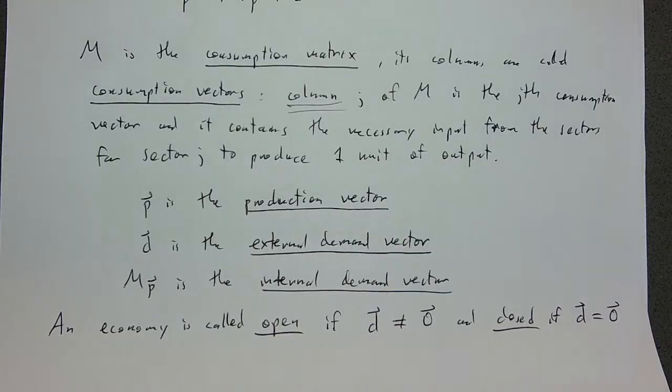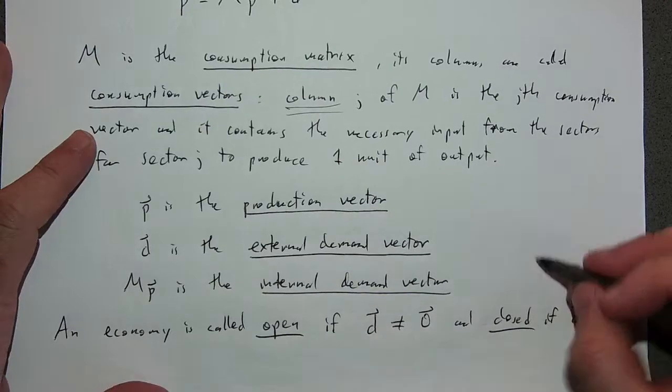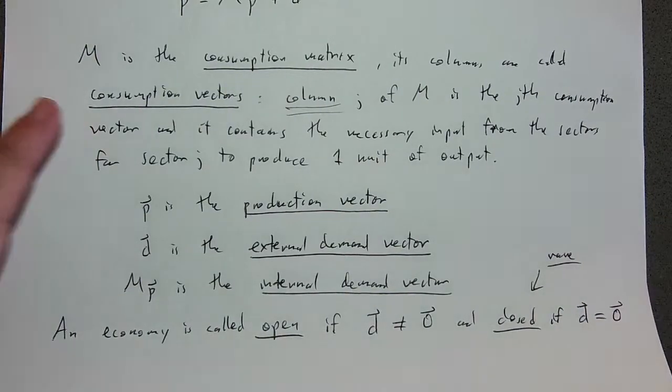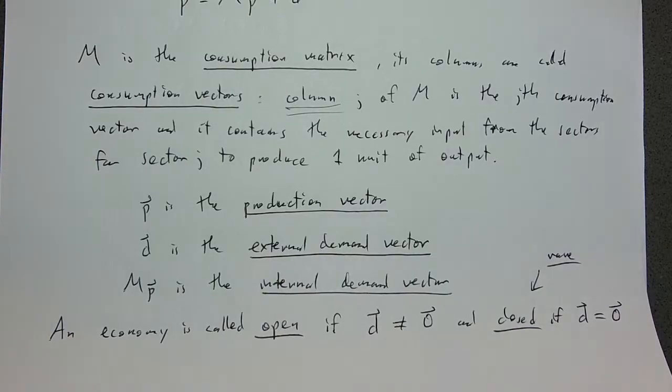Now, closed economies are pretty rare, so while it's nice to have this as an example, in terms of examples we're going to be talking about, usually we're going to be dealing with open economies because a truly closed economy is a rare thing, can almost be considered pathological. So we are going to be dealing mostly with open economies in this sense.